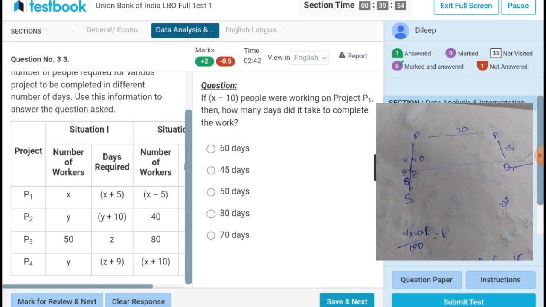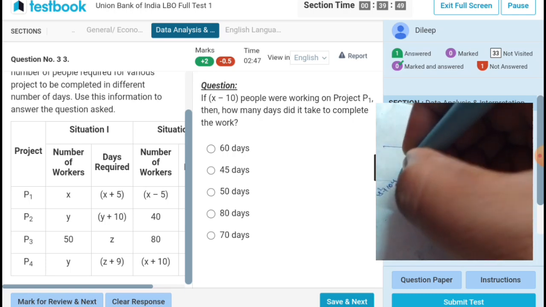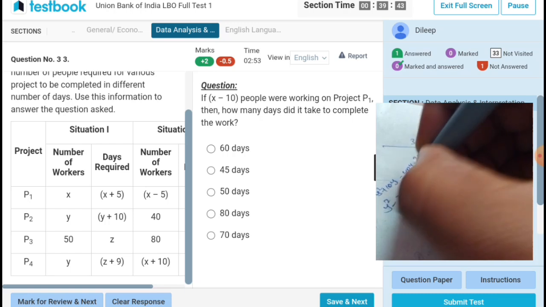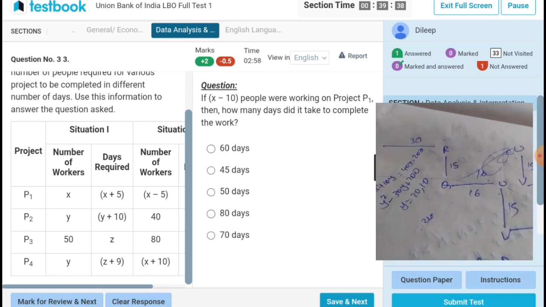So 30. Yep. Y square plus 10y, 40y minus 200. 20 and 10. 20, 30, 40, 15.